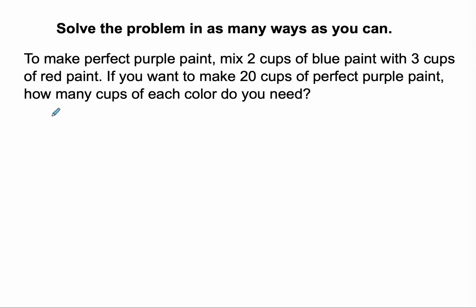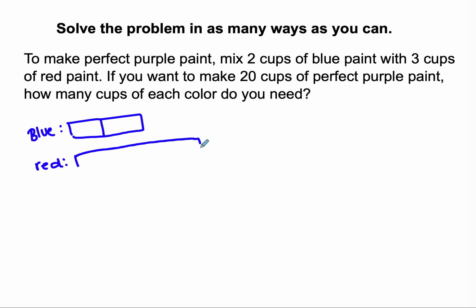All right. One way to do this is a tape diagram. 2 cups, I'm going to do 2 boxes. And then for red, 3 cups, 3 boxes. And then we need to do 20 divided by 1, 2, 3, 4, 5.